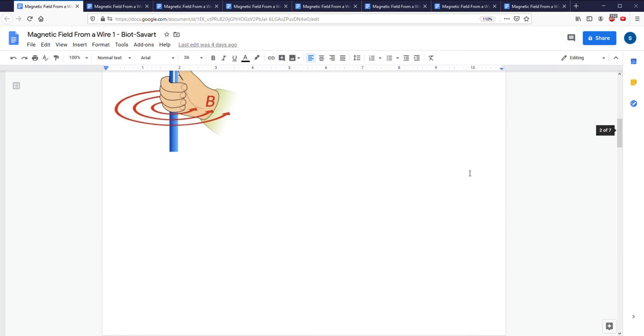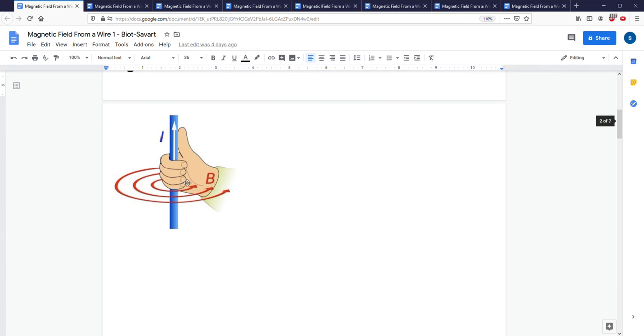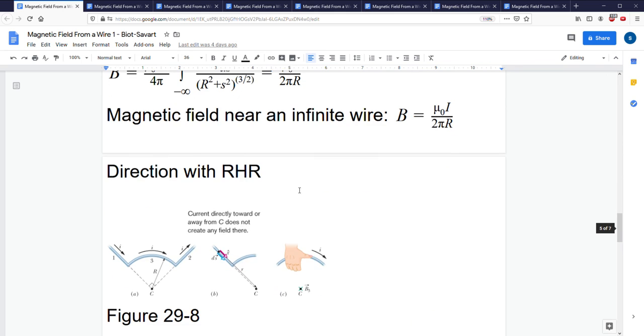Now, consider that the Biot-Savart law is a differential equation, which means when we apply it, we are adding up a bunch of small pieces of magnetic field. This means that we can have combinations of wires and loops, and we add them together through the principle of superposition.